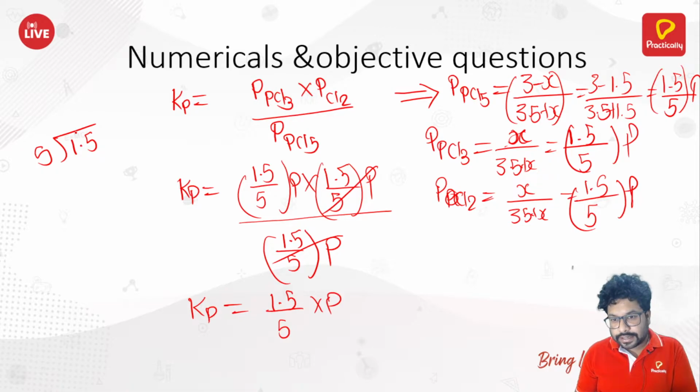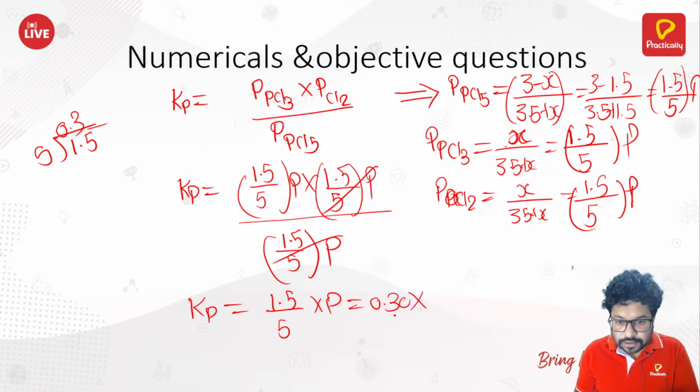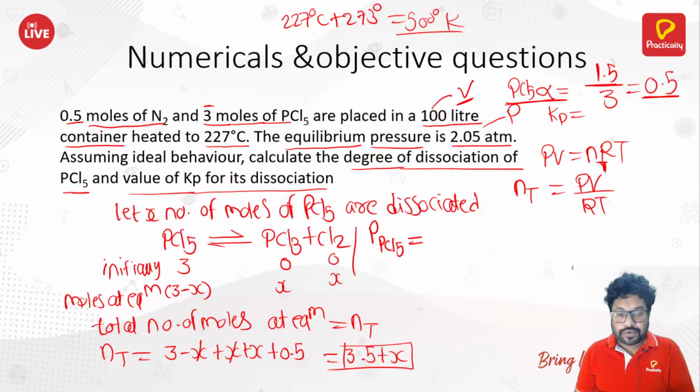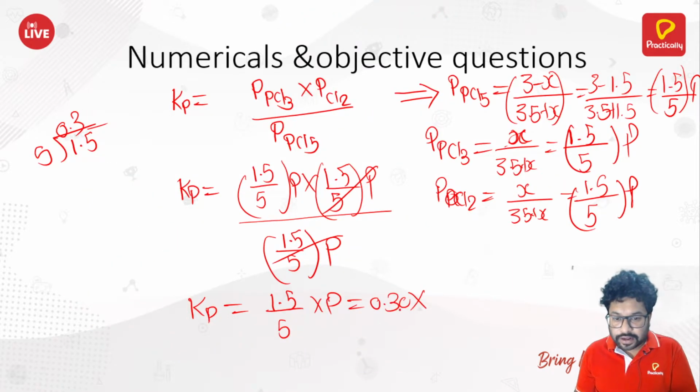Have we got this right? Just a sec. 1.5. Yes. So 1.5 divided by 5 is equal to 0.3. This is equal to 0.30 multiplied by pressure. What was your pressure? 2.05.